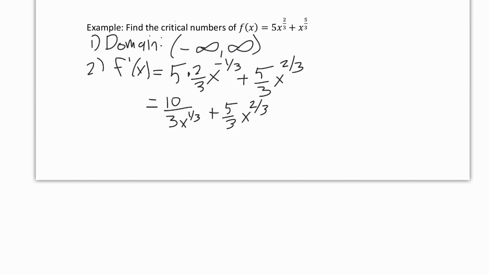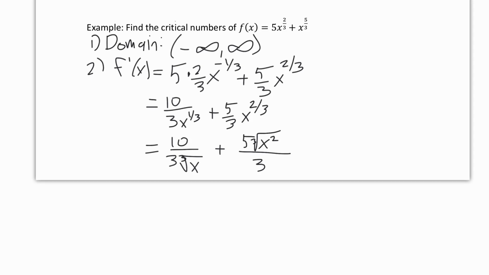Now we need to make these look a little bit nicer, so I'm going to turn them from fractions into actual radicals. So this is 10 over 3 cube root of x, plus 5, and then here we have the cube root of x squared over 3.